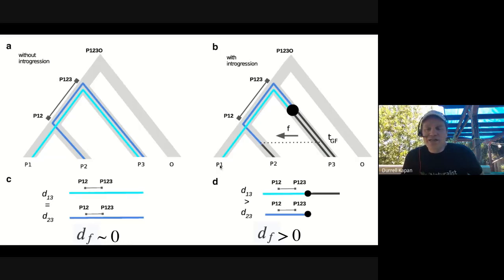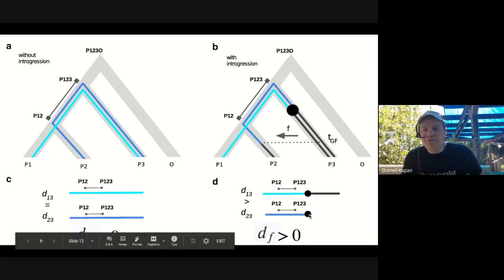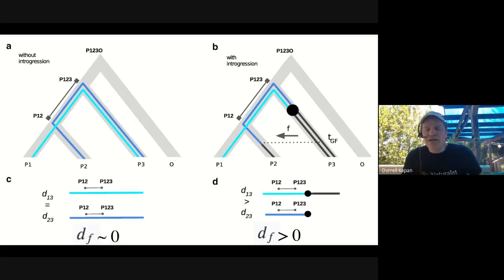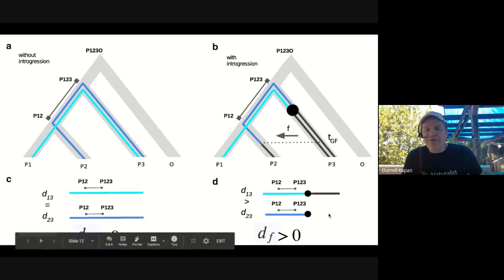So when we look at D13, we'll see no change in the length. But when we look at D23, we're just going to be missing the variation, because there's no variation between P3 and P2 at that region. It'll be smaller. So in this case, the fraction will be greater than 0. Essentially what we're looking at is pairwise distance comparisons.